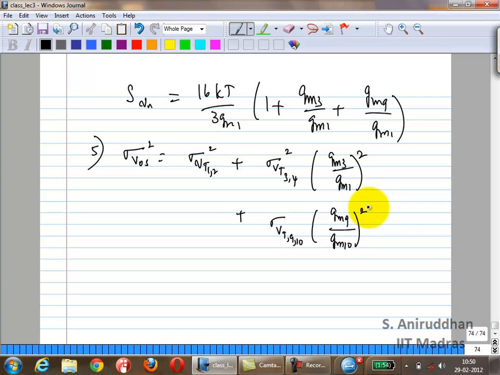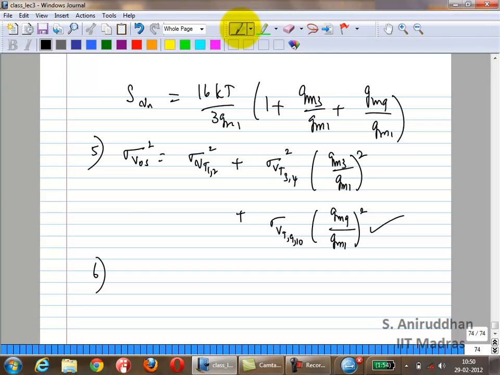The expression was very similar to what we had for noise, and we have an extra term from devices 9 and 10. Sorry, GM9 by GM1. Okay? GM9 by GM1.